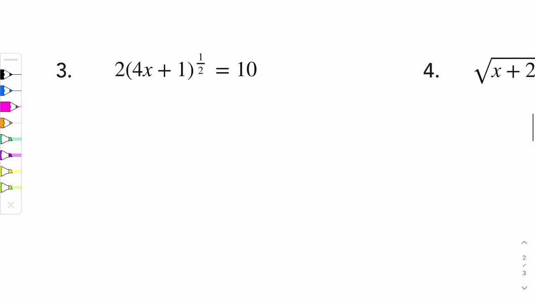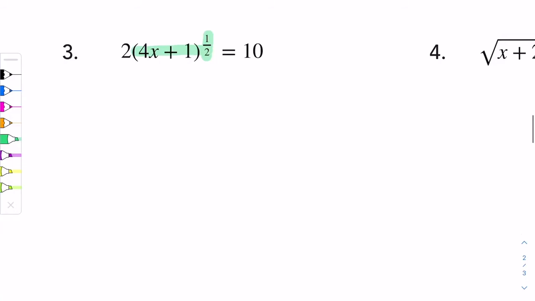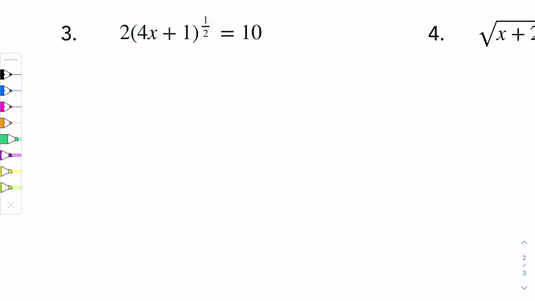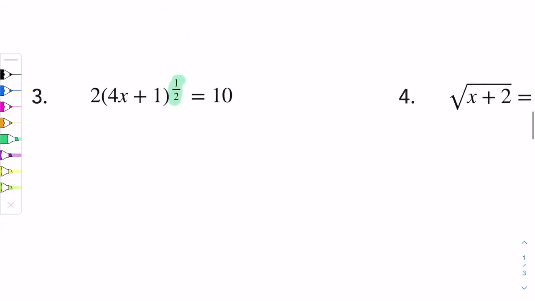So number 3, I'm going to get started on number 3 for you. I'm going to talk about how to solve this, and then I'm going to solve number 3 and 4 without speaking through them. You can just follow along with my work. To start off with, for number 3, you need to recognize that it's not a square root, it's an exponent of 1/2. So you can either leave this as an exponent or convert it to a square root, because remember that an exponent of 1/2 is a square root.